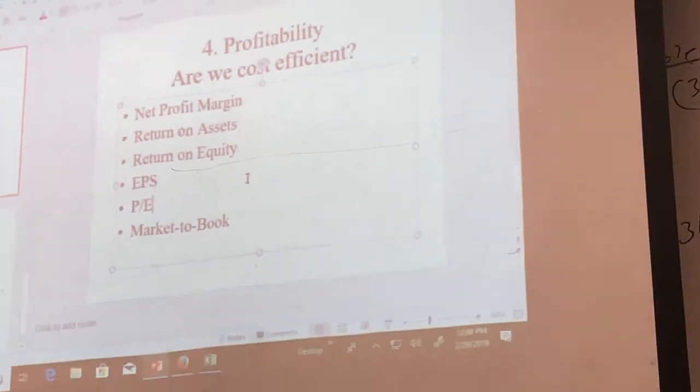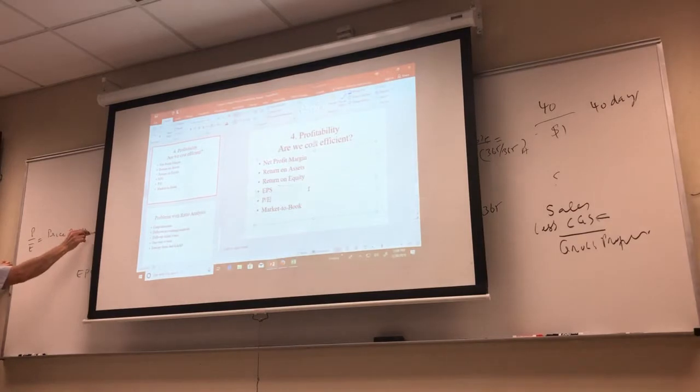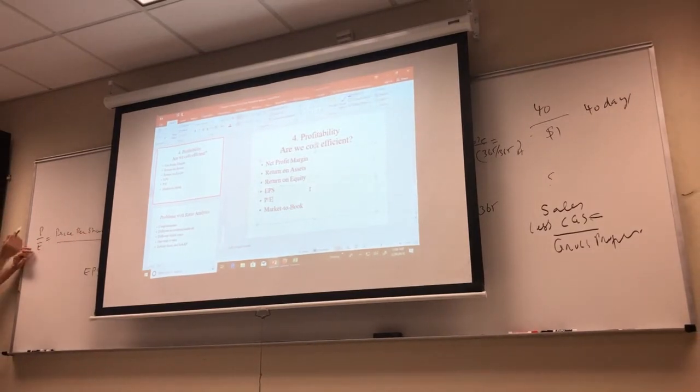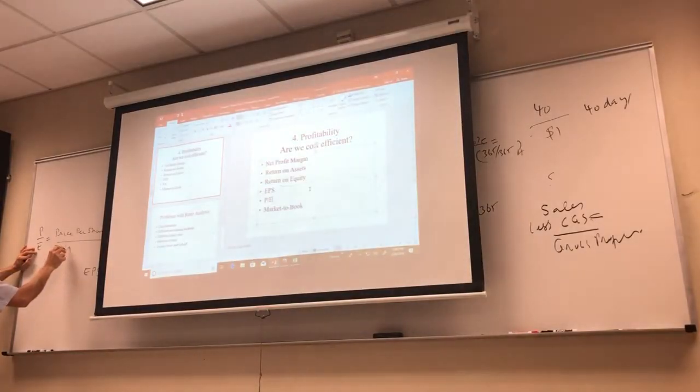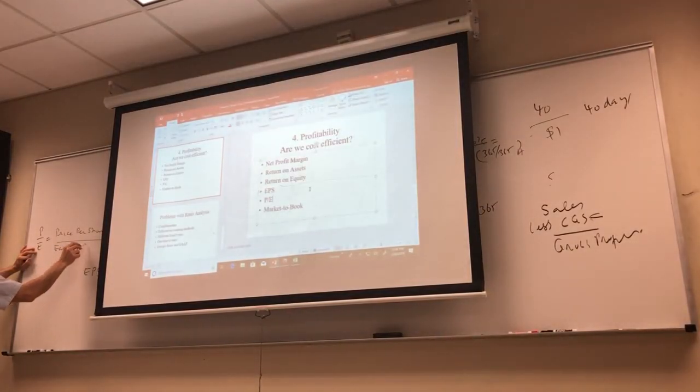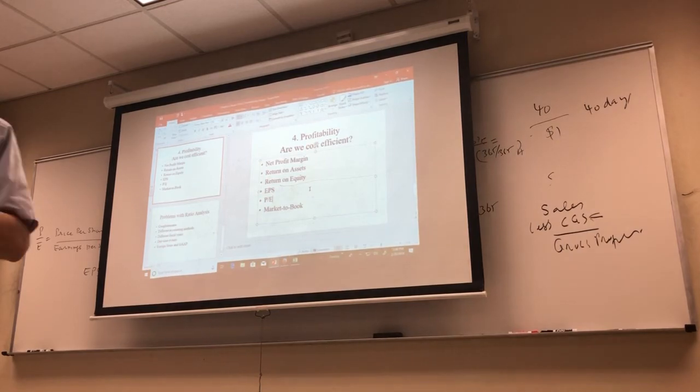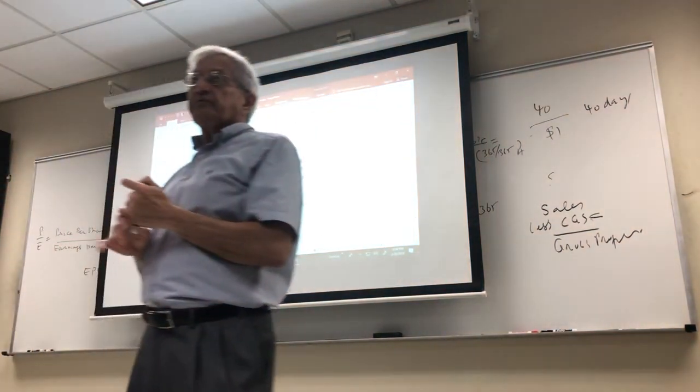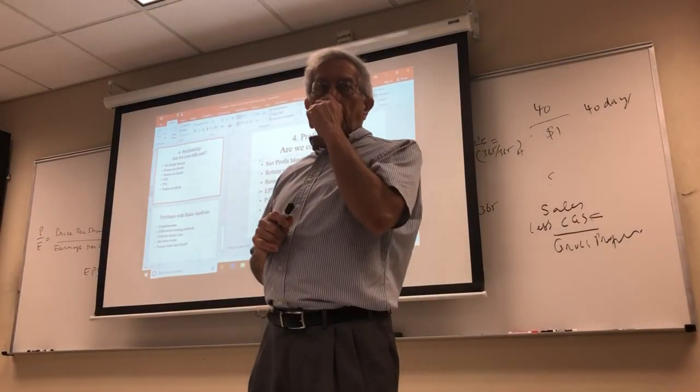The PE ratio is price per share, either given or you can check online, divided by earnings per share, EPS. So know this, I won't give you the formula. PE means this, price per share divided by earnings per share.